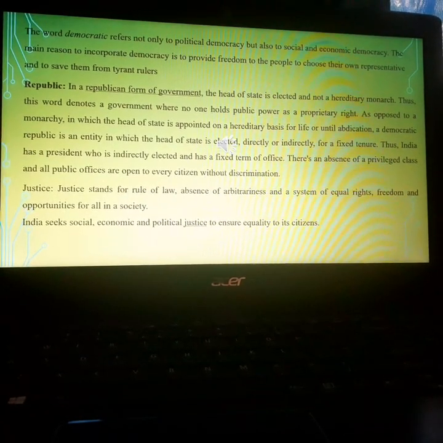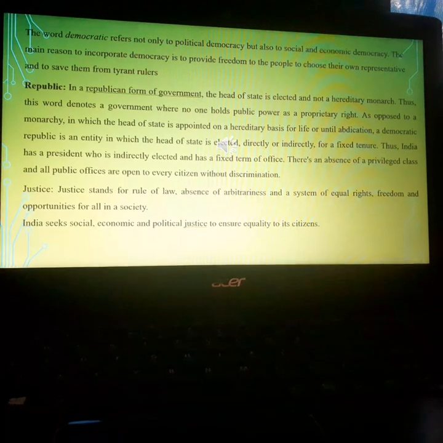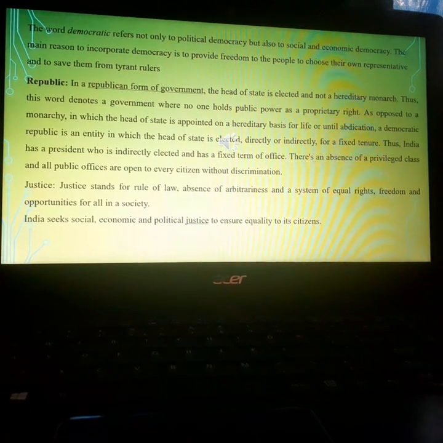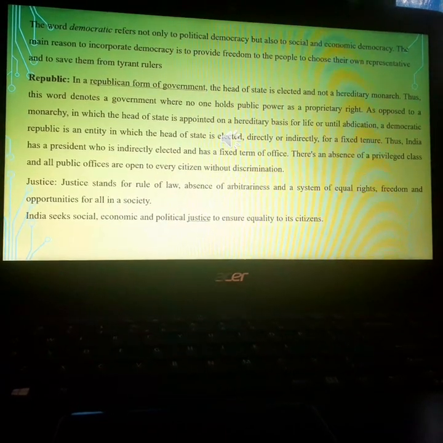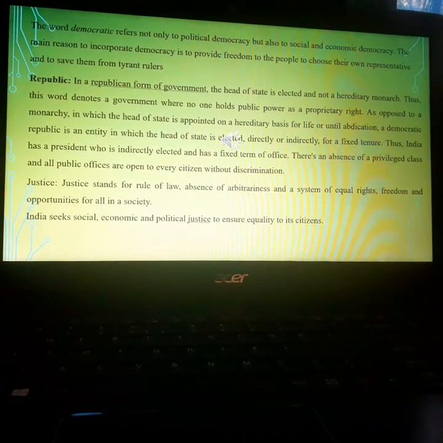A democratic republic is an entity in which the head of a state is elected directly or indirectly for a fixed tenure. Thus, India has a president who is indirectly elected and has a fixed term of office. There is an absence of a privileged class, and all public offices are open to every citizen without discrimination.